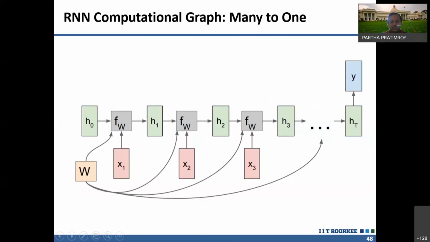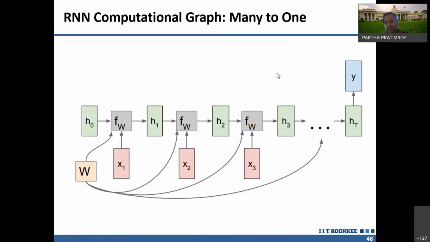If I summarize everything: if you want to have many inputs, a series of data, and you want one result, like a sentence and you want to get one sentiment, whether it's positive or negative, then each word of the sentence you give into the block, and finally you generate the outcome, whether it is positive or negative.